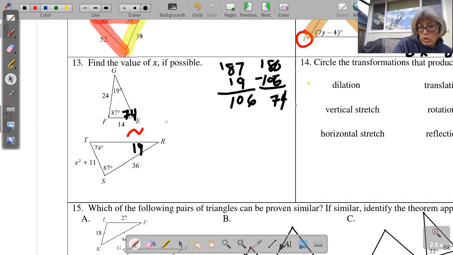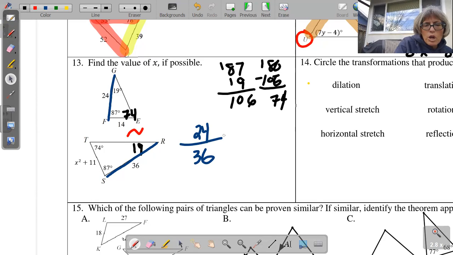Now we have to match the sides up. Match the corners. This 24 is going from 19 to 87, so it matches with 19 to 87. So 24 matches with 36. I'm going to go top bottom.